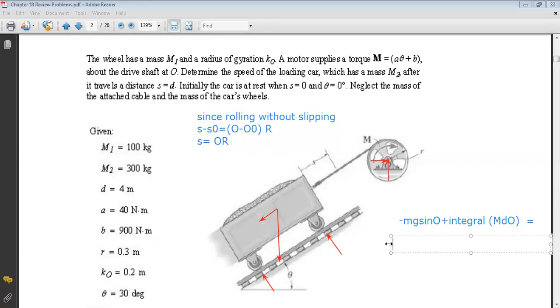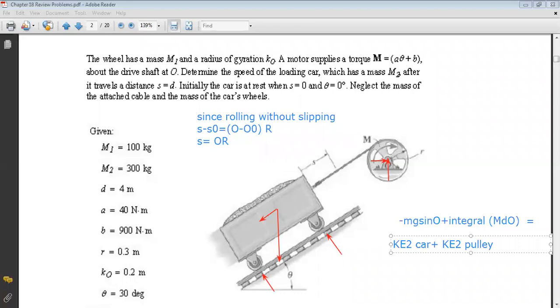What will be the final kinetic energy of my system? Since I have two components, I should add their kinetic energy. So I have the kinetic energy at state 2 of the car plus the kinetic energy at state 2 of the pulley.